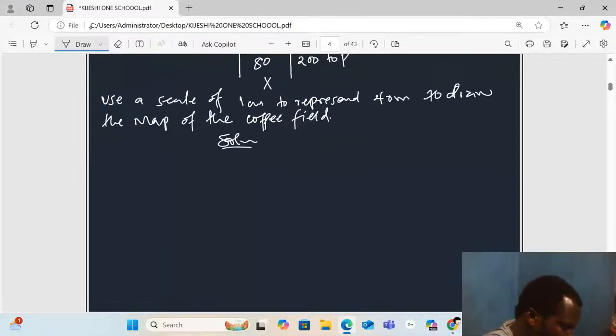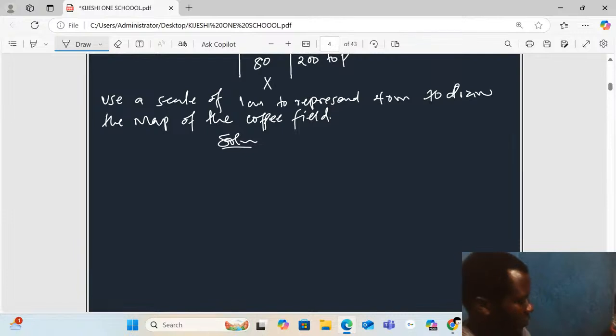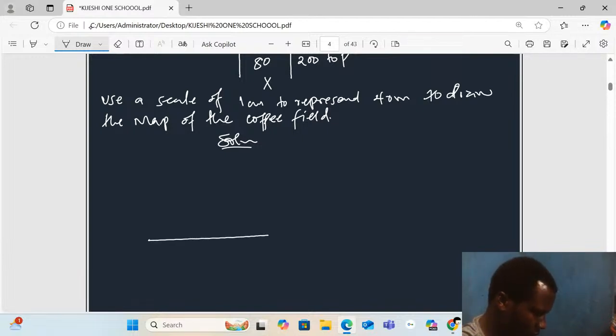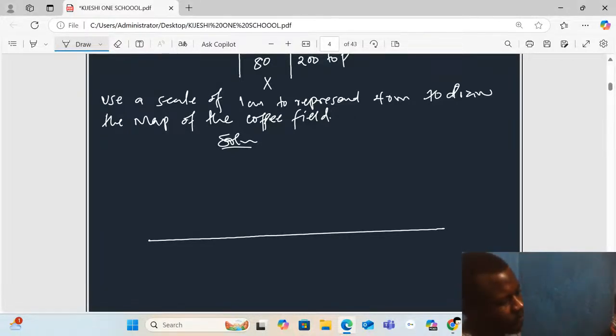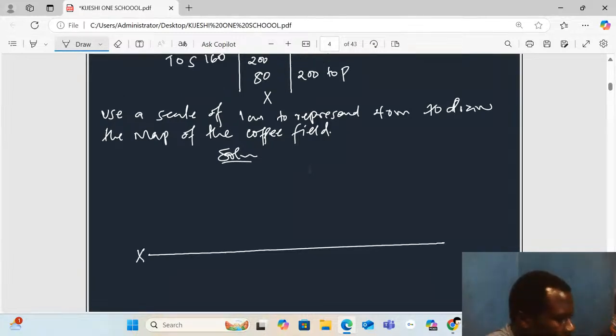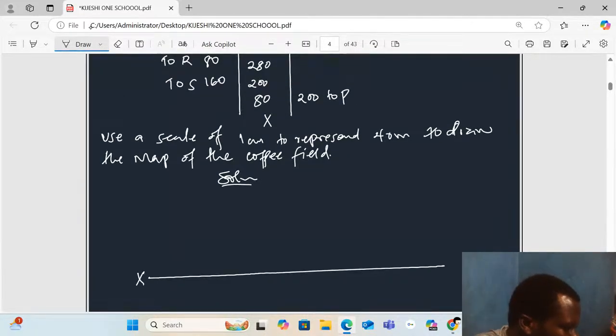Therefore, we're going to start from point X. Draw this point X. So this is X. Now, as you can see, from X, we are moving 80 meters.